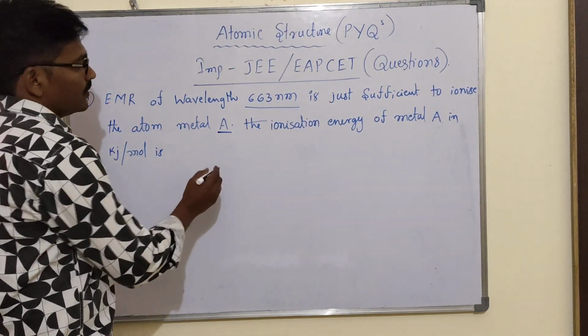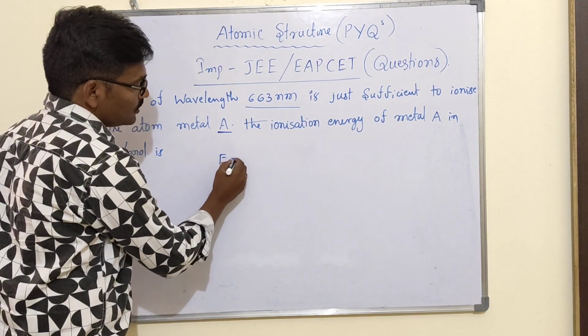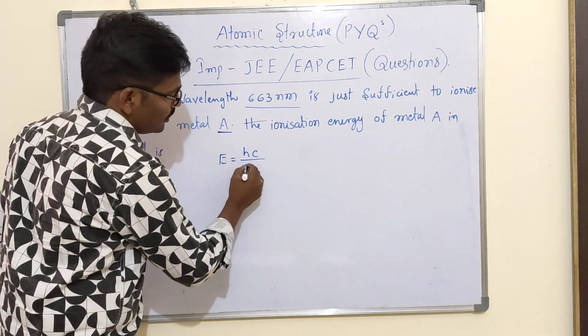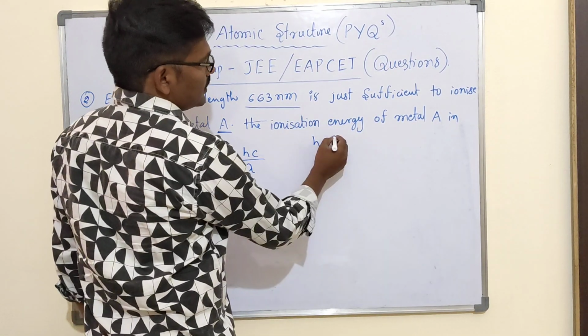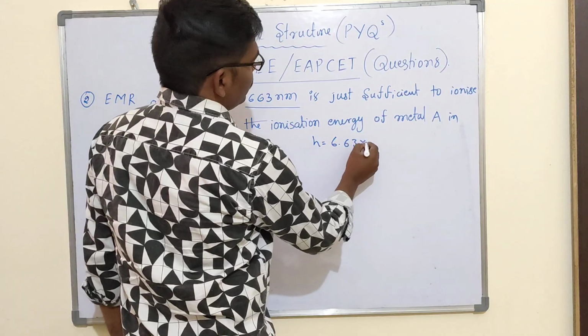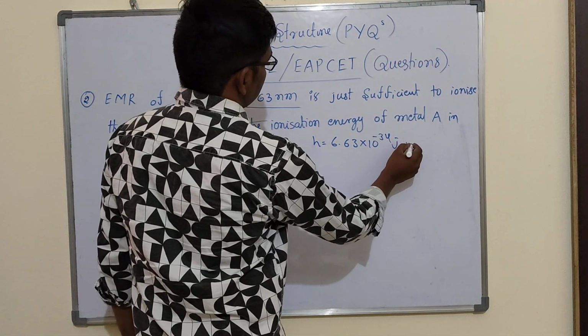Generally, when wavelength is given, to calculate the energy, E equals hc by lambda, we know that. The h value we already saw: 6.63 into 10 to the power of minus 34 joule seconds.